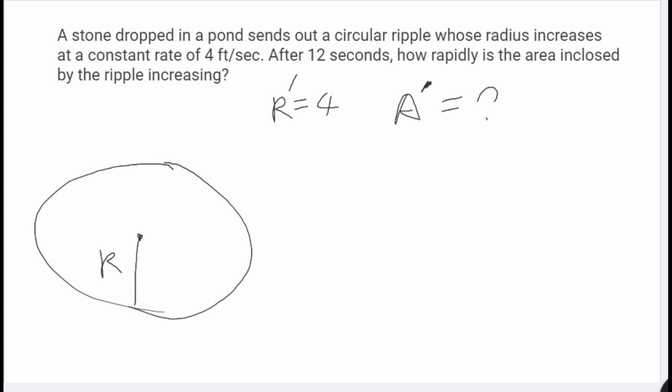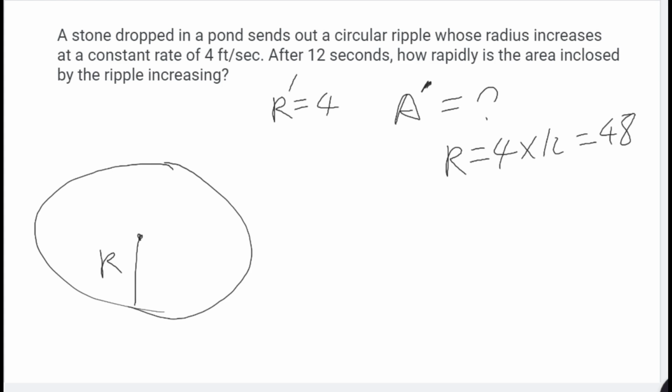Specifically, they're saying after 12 seconds. Since we know how fast the radius increases, they're really asking how fast is the area increasing when r is 4 times 12 seconds, because every second there's an increase of 4, so 12 seconds later the radius will be 48.